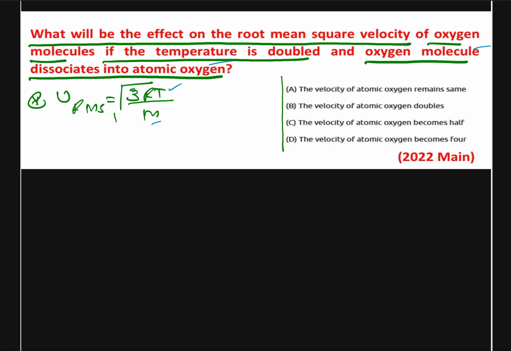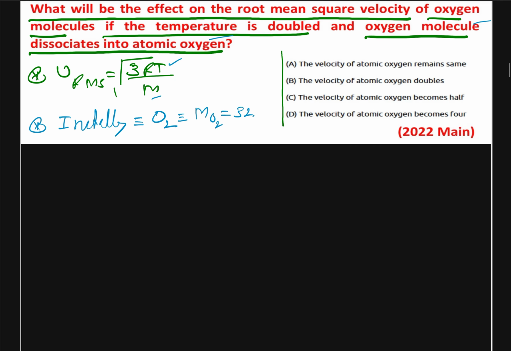Therefore, we can write that initially we have our oxygen molecule. The mass of the oxygen molecule is 32, and the temperature we keep as T only.